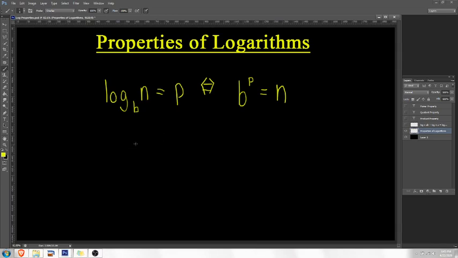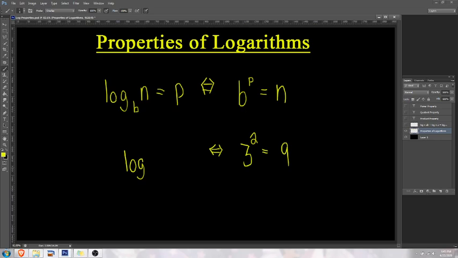But just as an example, to show you what I'm talking about, it makes a little more sense. If you have some exponential equation, say 3 squared equals 9, we all know that. If I wanted to represent that equation as a logarithm, it would be log base 3. What is my base?